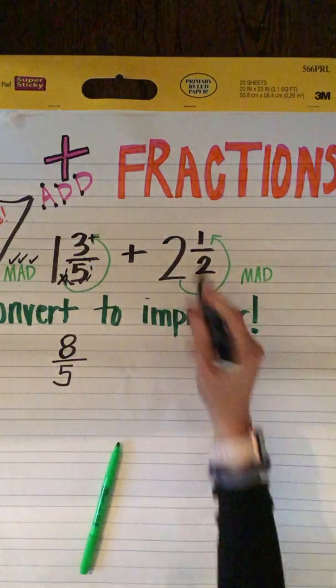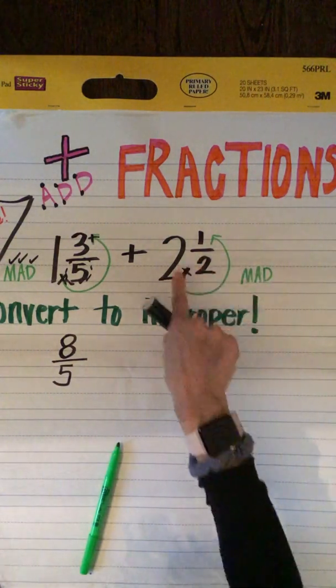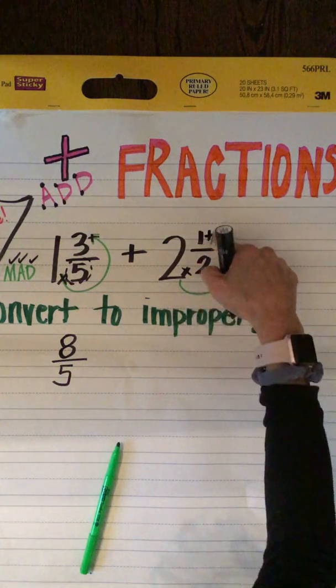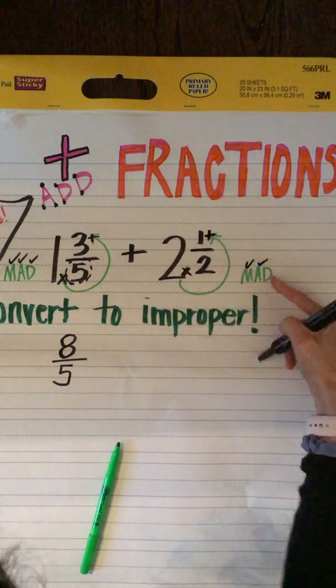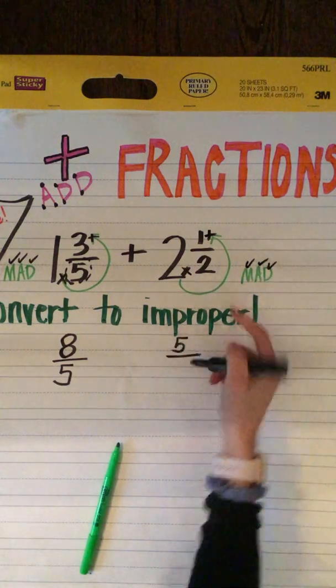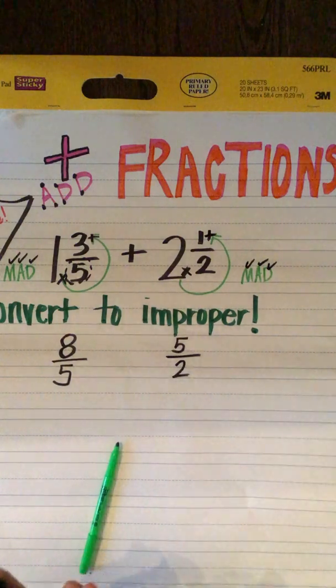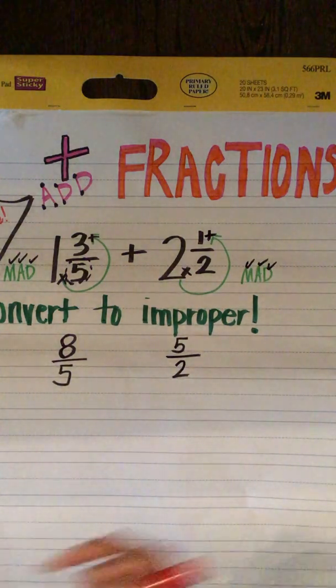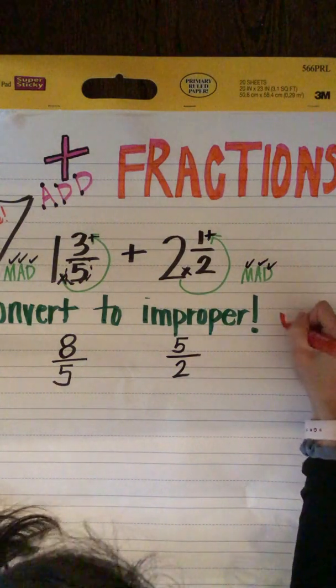So first we multiply, 2 times 2 is 4, then we add, 4 plus 1 is 5, and then we think about the denominator. It was cut into halves, so 5 halves. Okay, so convert to improper, check.